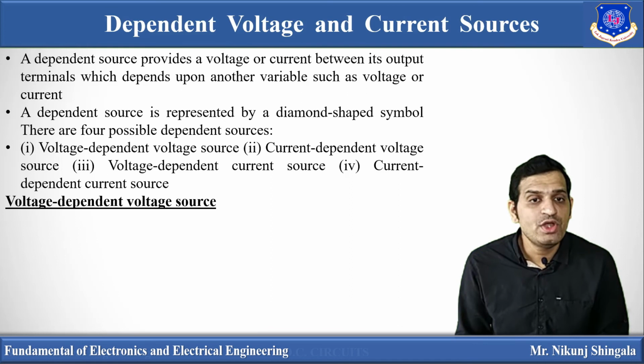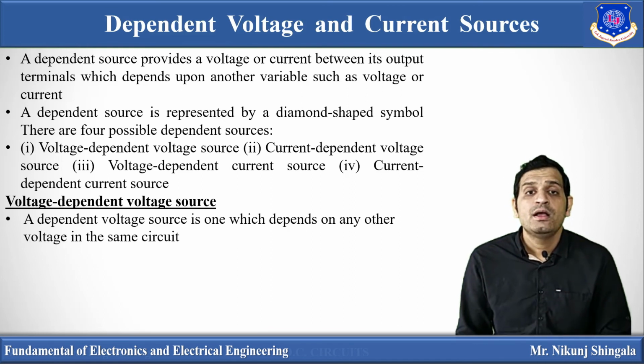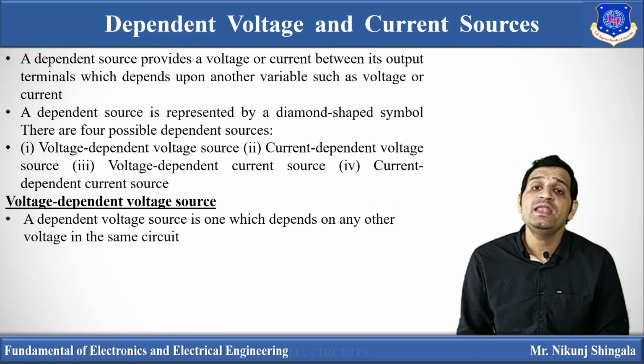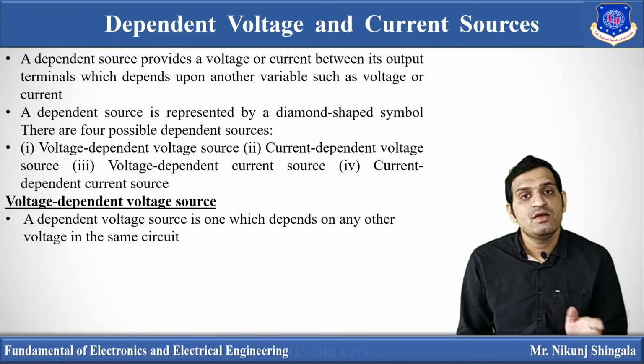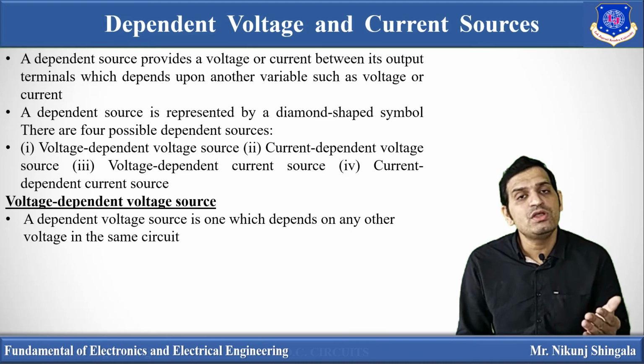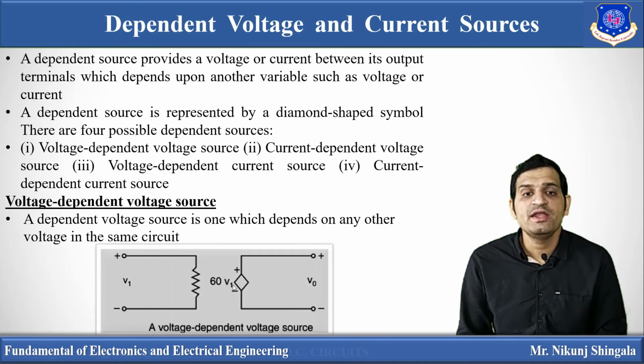The first one is the voltage dependent voltage source. As the name suggests, it is a voltage source which depends on another voltage in the same circuit. The definition lies in the name. It is denoted by a diamond-shaped symbol, as you can see here.